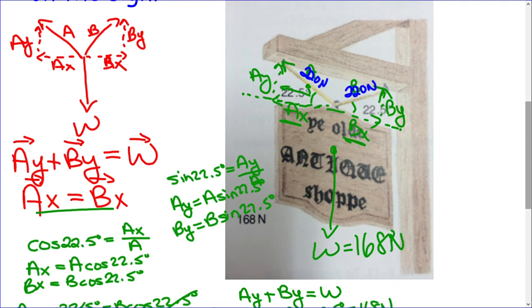So I have the X component and the Y component in each one really doing a lot of work in terms of counteracting that 168, right? That 168 is evenly split between AY and BY because they both share the same angle. But that means that the tension in that rope has to be really strong to counteract that 168. In fact, it has to be greater than the weight because the Y components are the only thing keeping this in equilibrium, as well as the X components, but they cancel each other out.